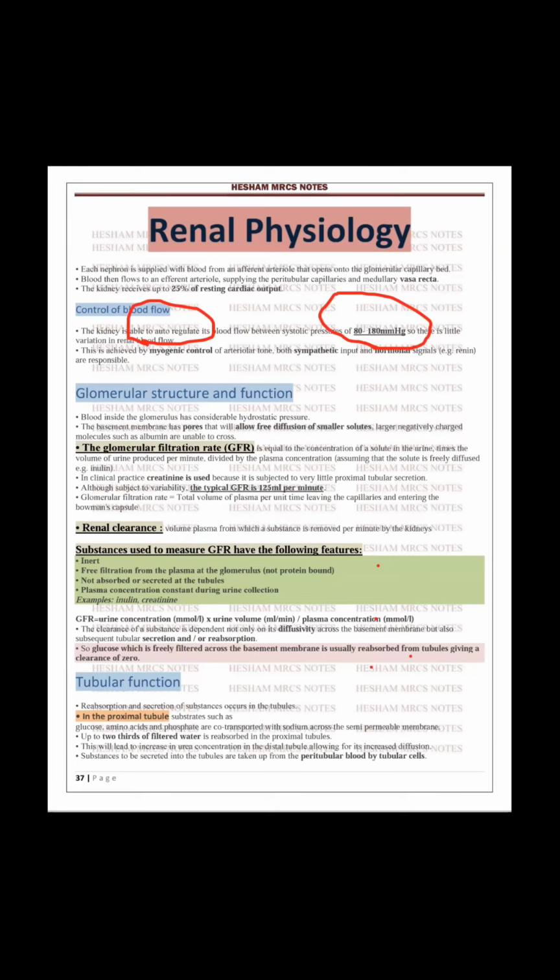How can we calculate the glomerular filtration rate? I will give you the equation for this, which is GFR equals V multiplied by U over P. What is V? V is the urine volume, while U is the concentration of solute in the urine.